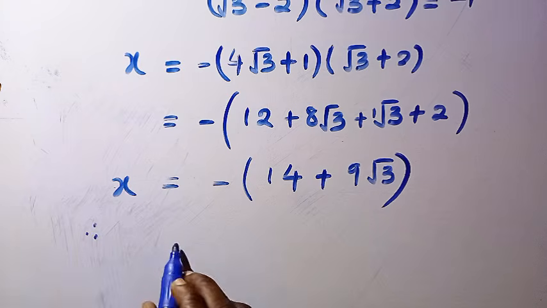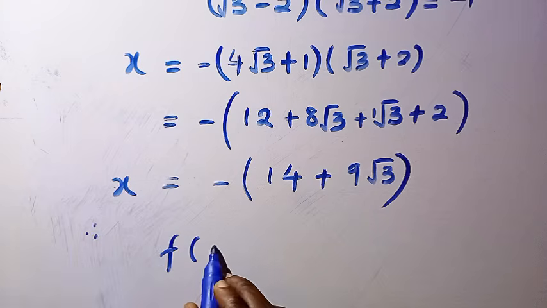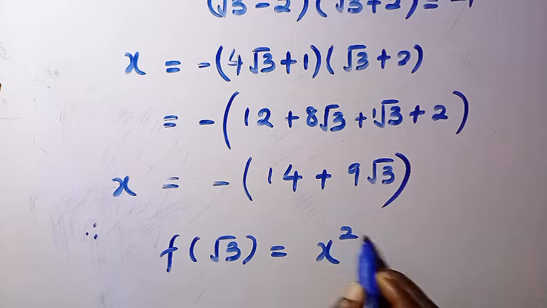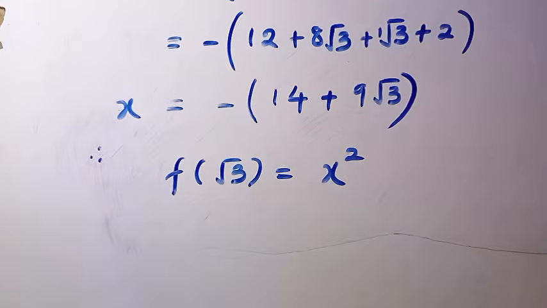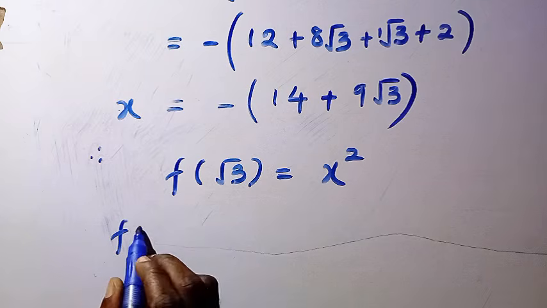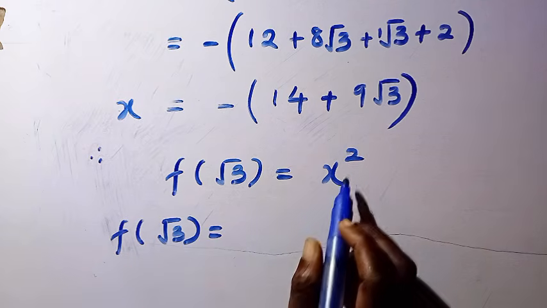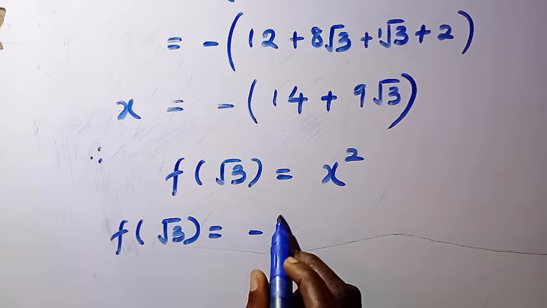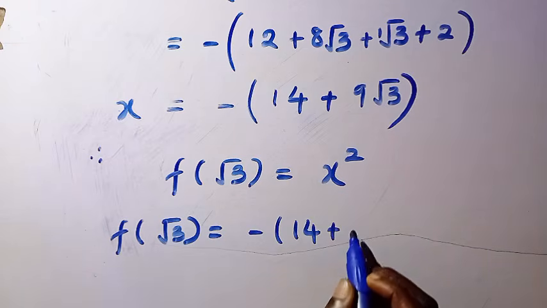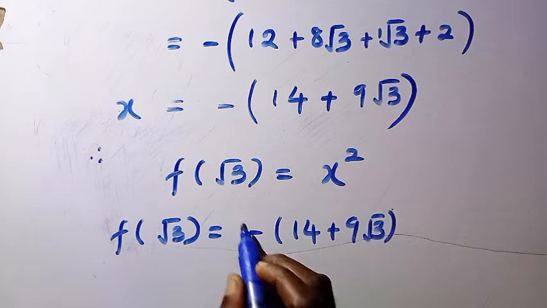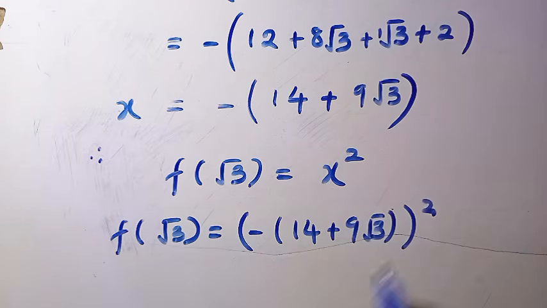If this is the final value of x, then we have to recall that f of root 3 equals x to the power of 2. Then we have to substitute. By substitution, we have f of root 3 equals the whole of x, minus bracket 14 plus 9 root 3, then all raised to the power of 2.